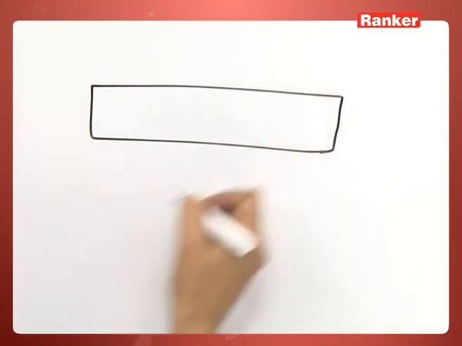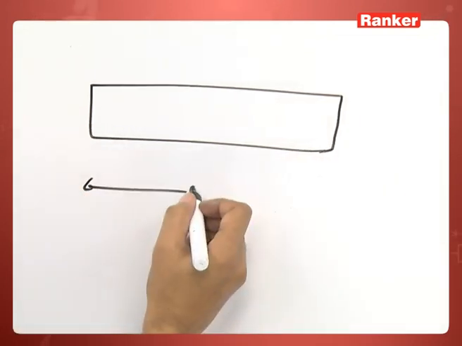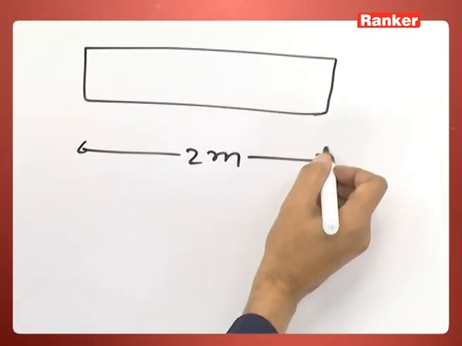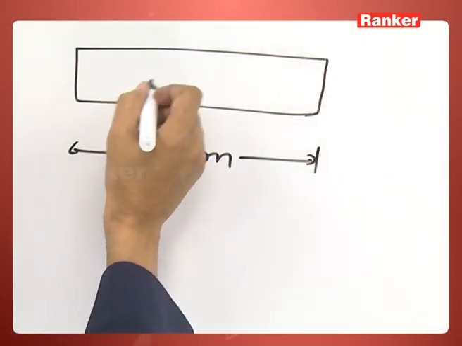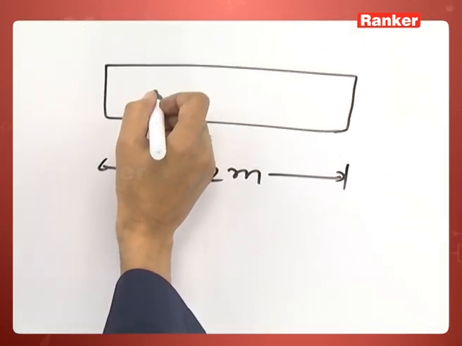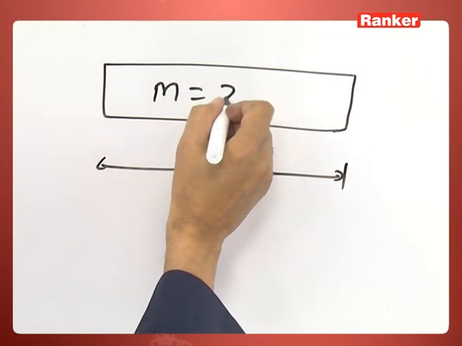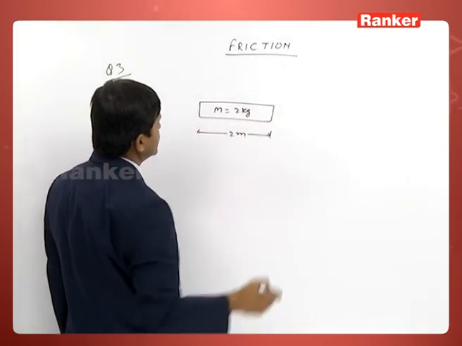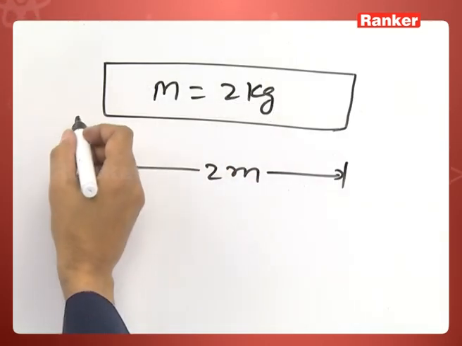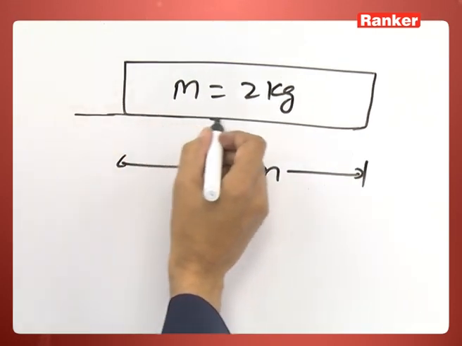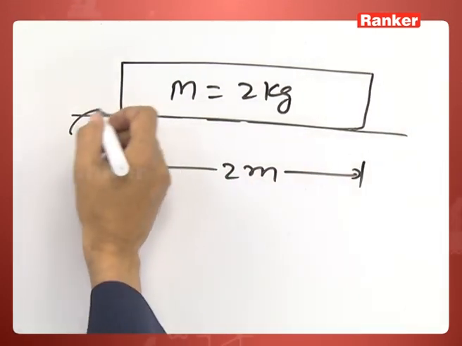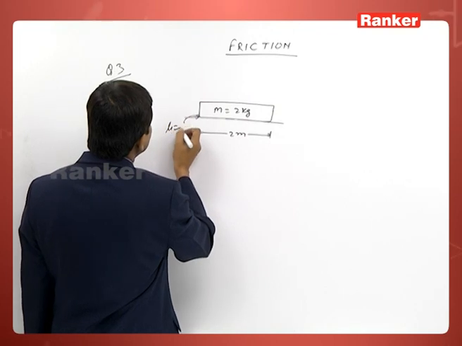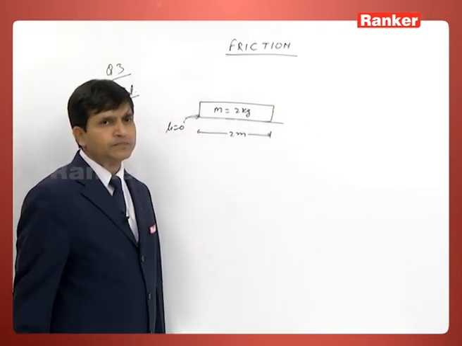and this plank has length 2 meter, and the mass of the plank, let this be capital M, is given here as 2 kg, and this is kept on a smooth surface. So, we can say mu for this is 0.